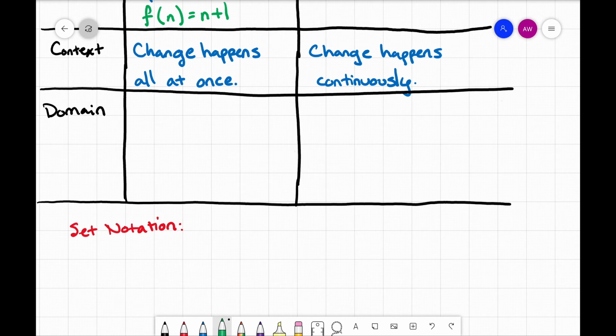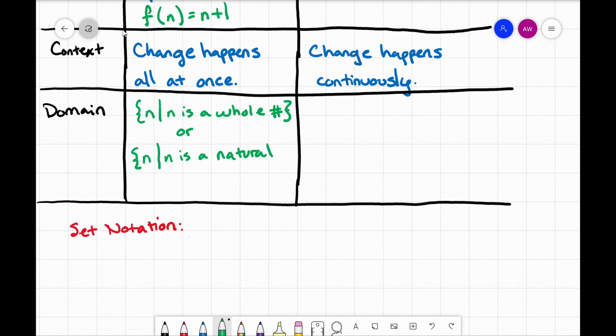The domain of a discrete function is the set of n such that, it's the bar, n is a whole number. And then a closed bracket. Or we could say the set of n such that n is a natural number.